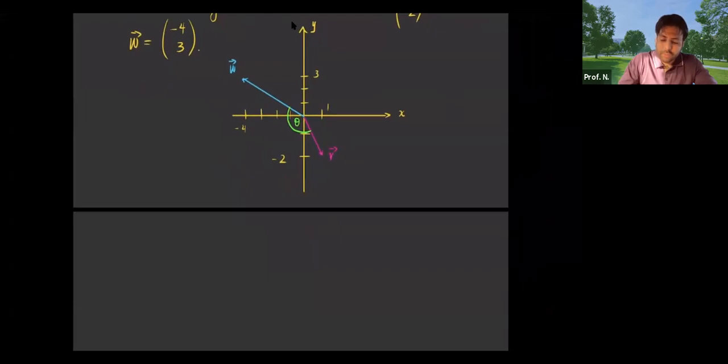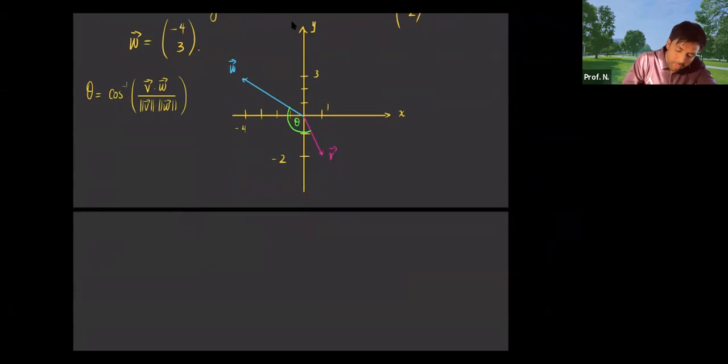Okay, so now we have that understood. I'm going to find the angle. So the angle is what? Cosine inverse of v dot w divided by the length of v times the length of w. I'm going to do this step by step. The first thing I want to do is v dot w.